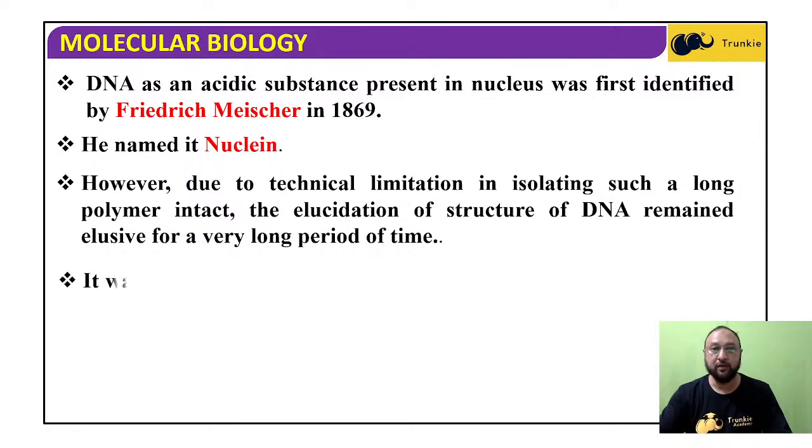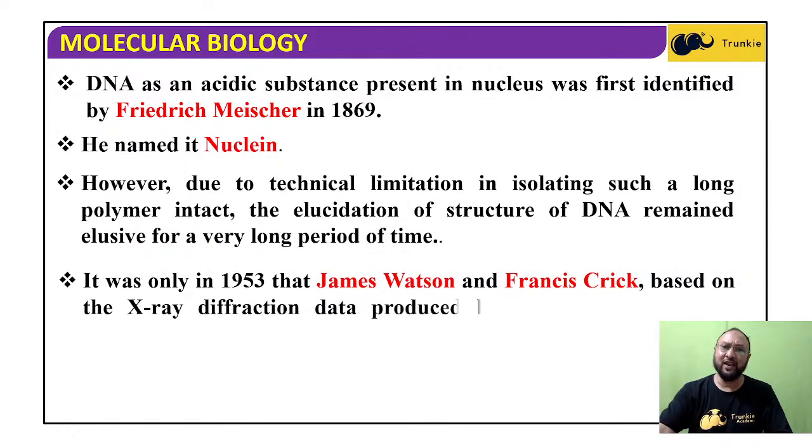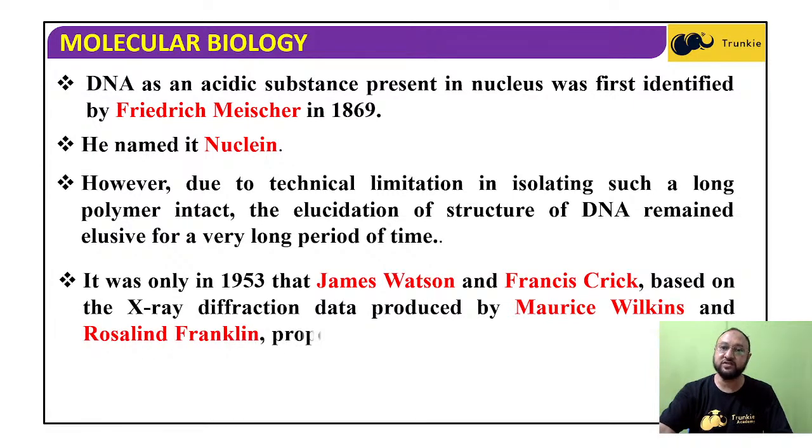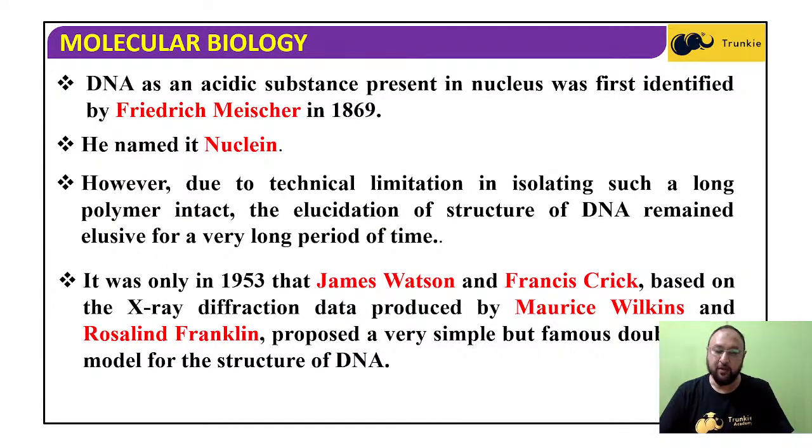It was only in 1953 that James Watson and Francis Crick, based on X-ray diffraction, which was developed by that time, and using the data produced by Maurice Wilkins and Rosalind Franklin, proposed a very simple but famous double helix model for the structure of DNA.